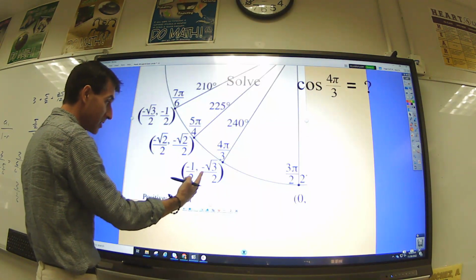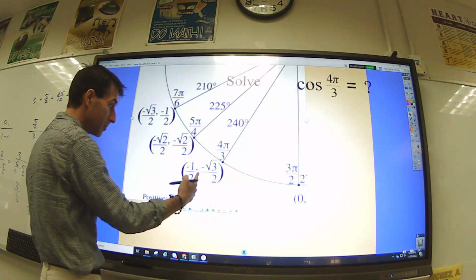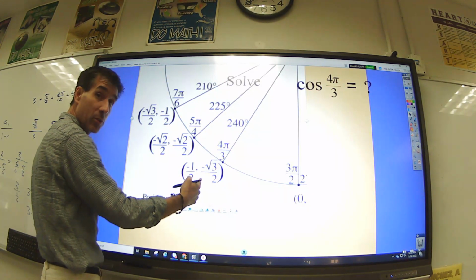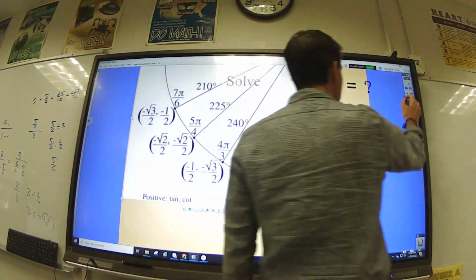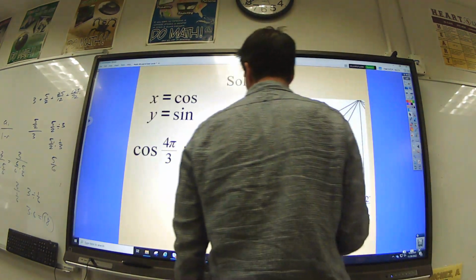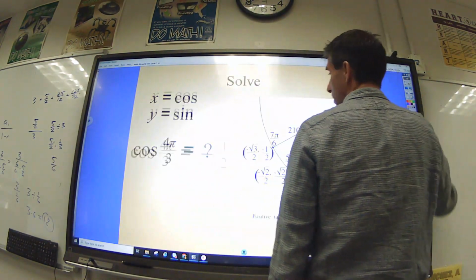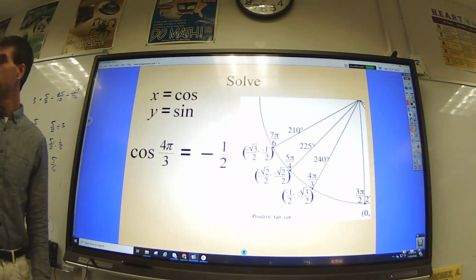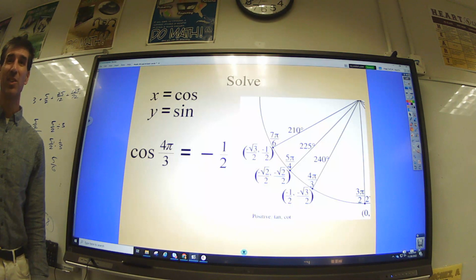Which one of these is x? Negative 1/2 or negative root 3 over 2? Negative 1/2. So guess what? Your answer is negative 1/2. That's all you've got to do.